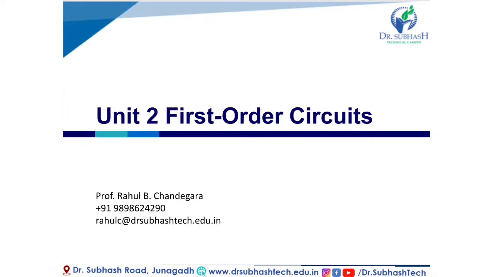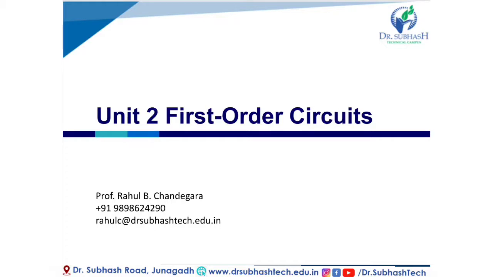In the previous unit, we studied different theorems like superposition theorem, Norton's theorem, Thevenin's theorem, maximum power transfer theorem, and source transformation theorem, and also we learned how to use KVL, KCL, and Ohm's law.